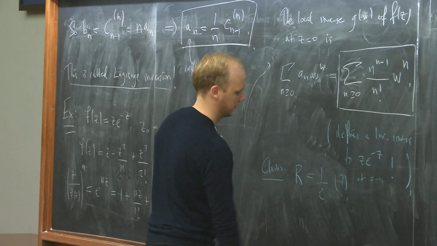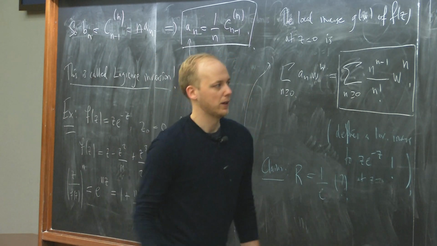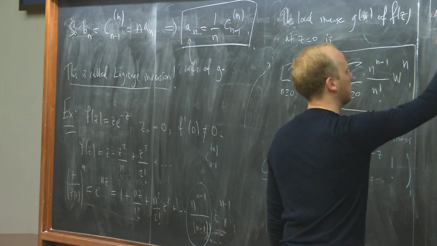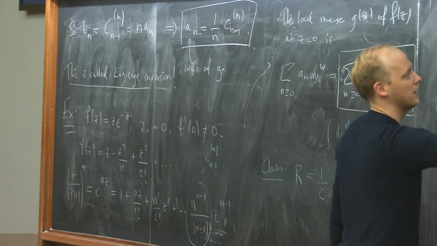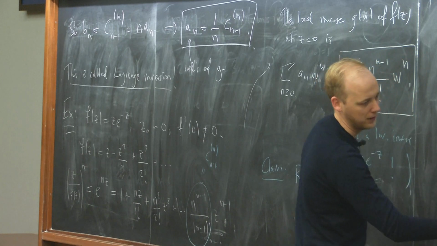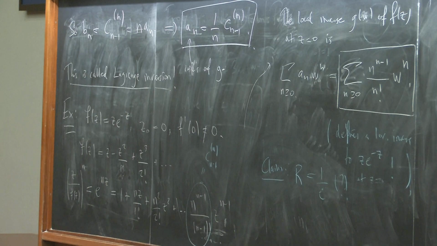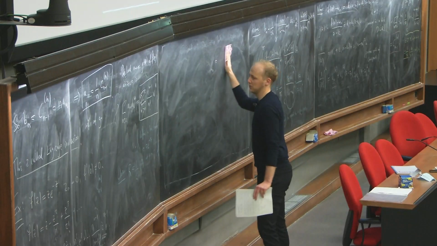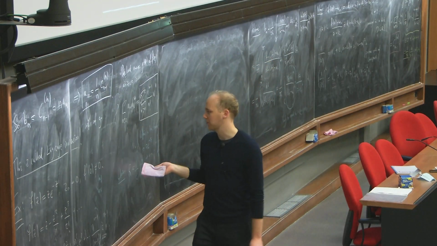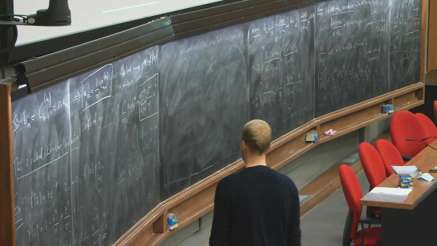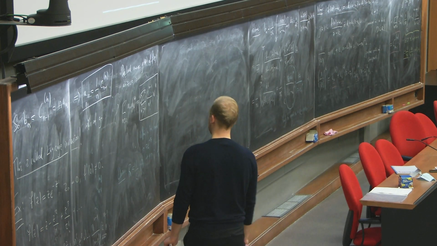So let's check this. Okay, I'm not going to think about that now because I want to tell you about the last part as well. So this was what I wanted to tell you about the Lagrange inversion. The point with a radius of convergence, it's not so important exactly what it is, but it has some positive radius of convergence.